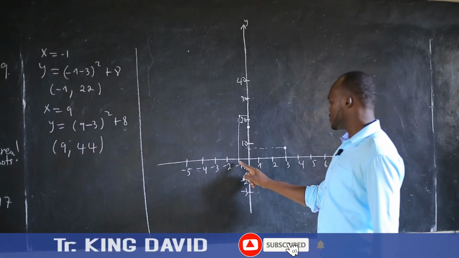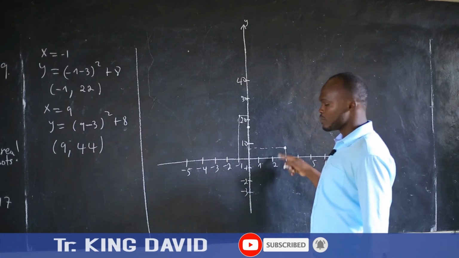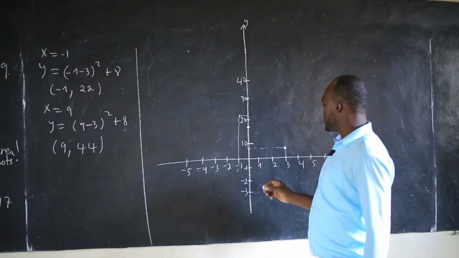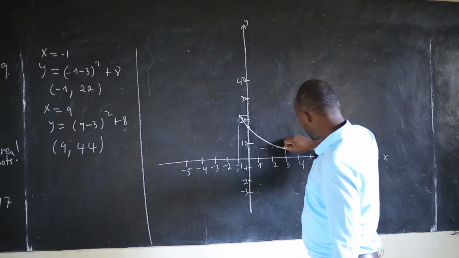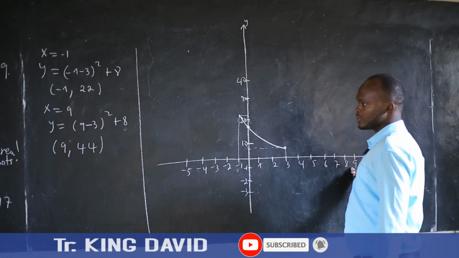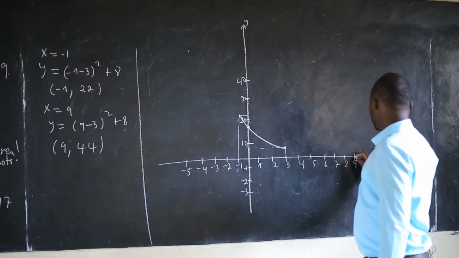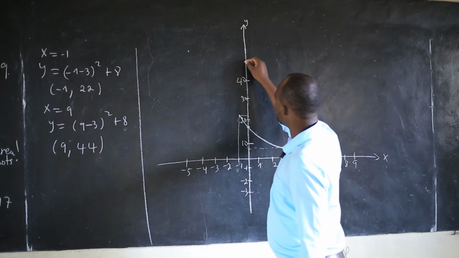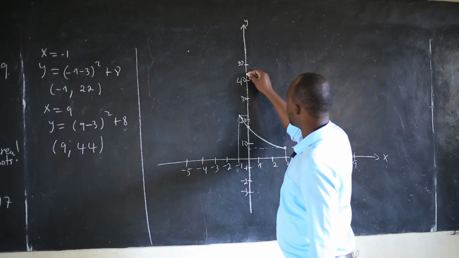So what we have to do is from -1 to 9, because that's where our function is defined. So it will be from here up to the turning point. Then this side up to 9. So at 9, we have (9, 44). If this is 50, then 44 is like here.